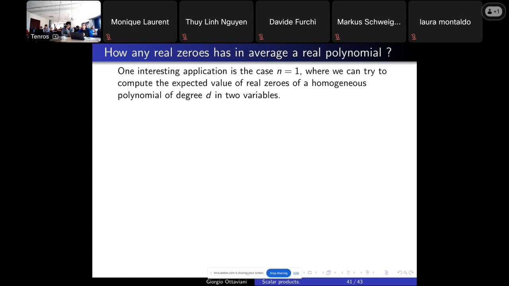And his paper is a masterpiece of computation of integrals, and he showed that this expectation grows as the logarithm of D when D goes to infinity.